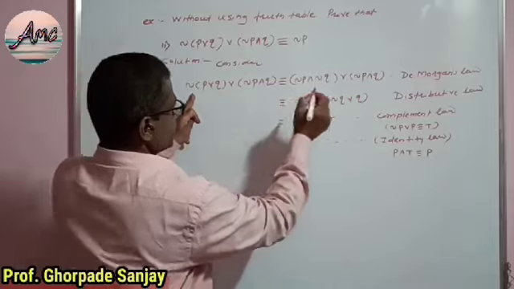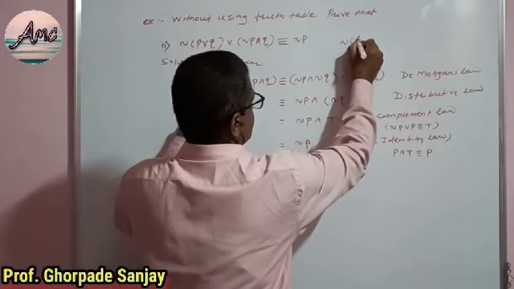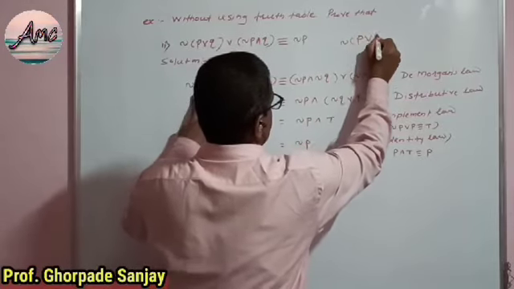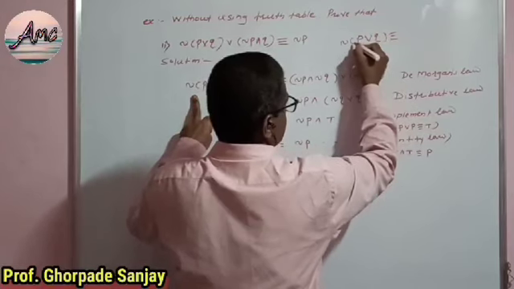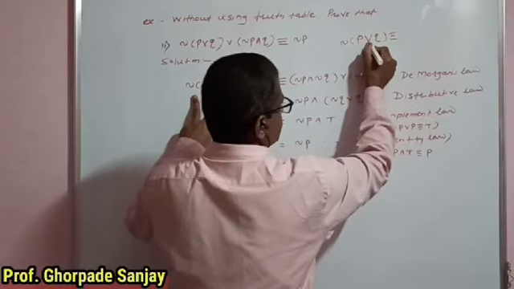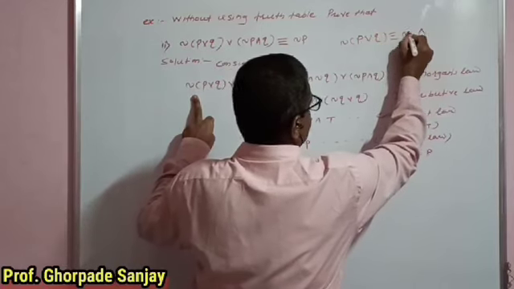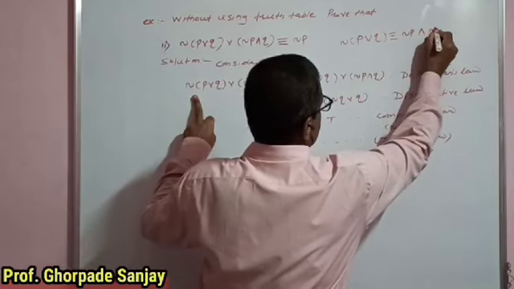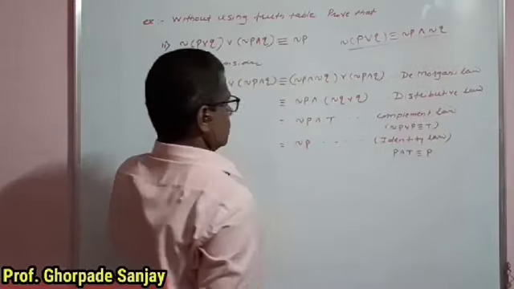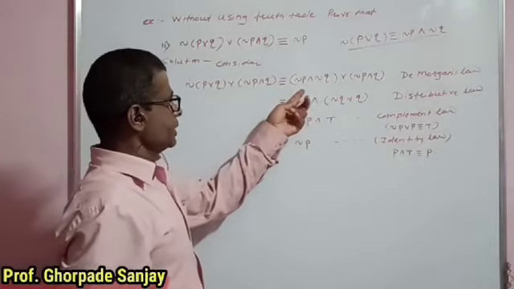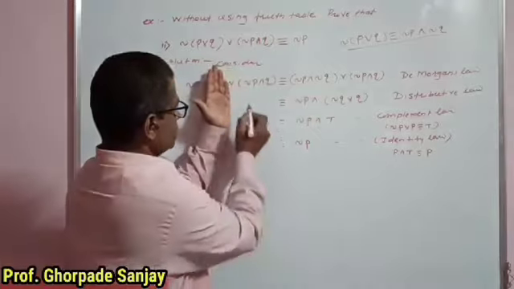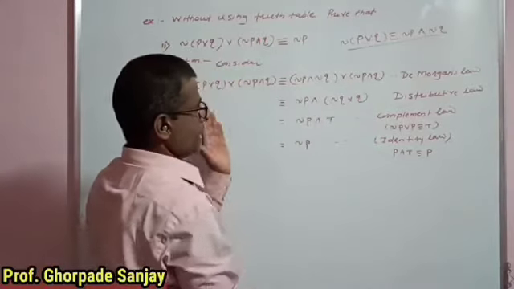So what is the De Morgan's law? If you take the negation of the disjunction, the disjunction changes to what? Conjunction, and you have to take the negation of each statement. So this is De Morgan's law. So according to this it becomes negation of P, conjunction, negation of Q, whereas the remaining part I wrote as it is.